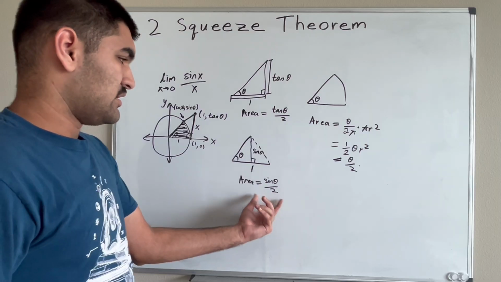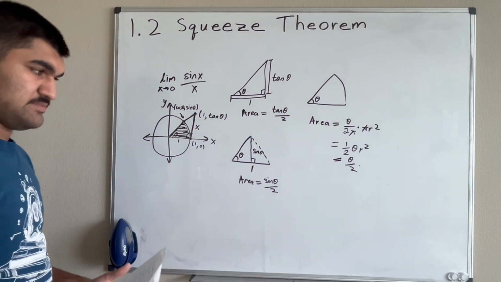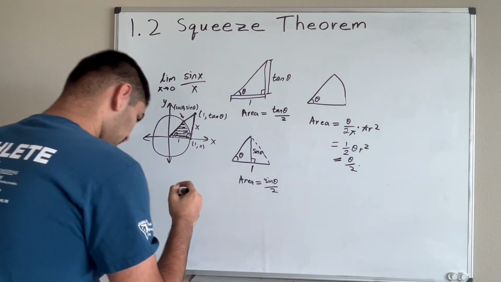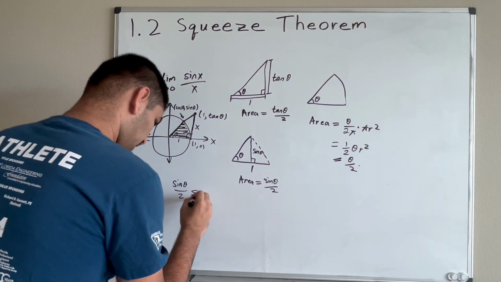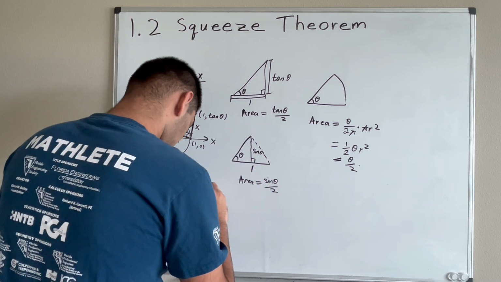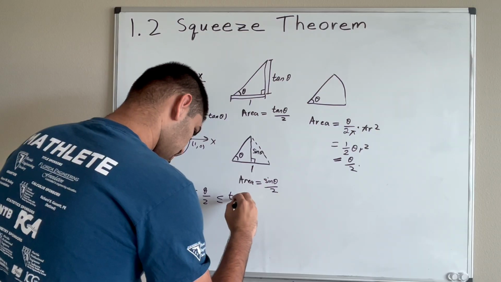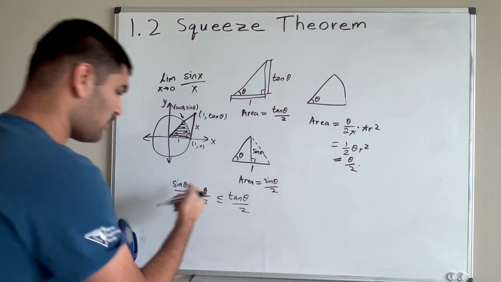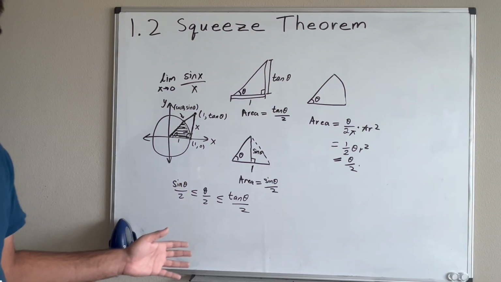So this area is less than this area, which is less than this area. We know that for sure, just geometrically speaking. So we can write that sine theta over 2 is less than or equal to theta over 2, which is less than or equal to tangent theta over 2. Okay, and so now we have our 3 functions with the successive inequalities.